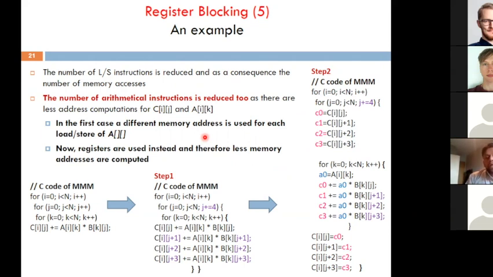Now, as loads and stores are minimized, we're using registers instead. So less memory is loaded and stored, and fewer memory addresses are going to be computed as well. This is another benefit of using register blocking.